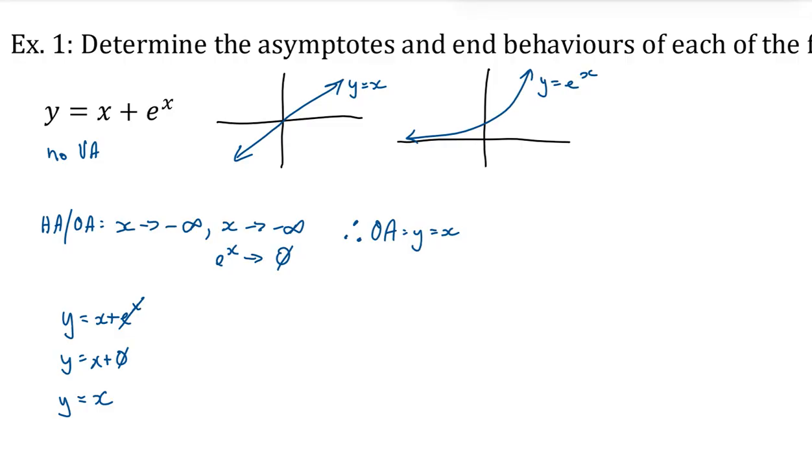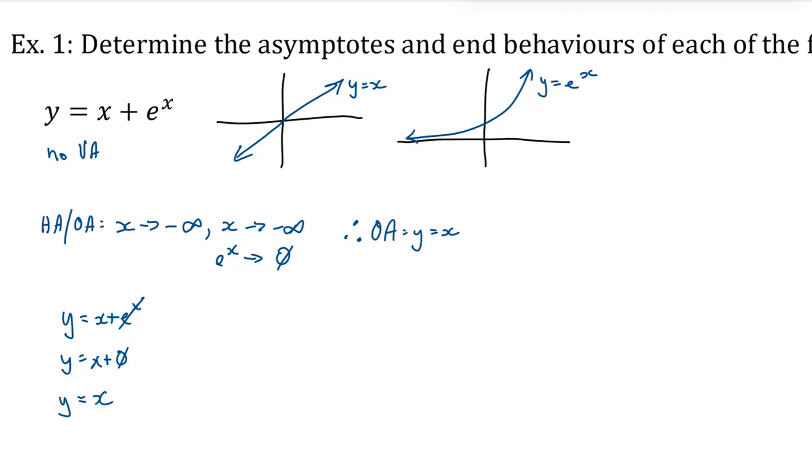If you look back at when we did rational functions that had oblique asymptotes, we would do long division or synthetic division and rewrite the function with the oblique asymptote and the remainder part. This is already written that way, isn't it?